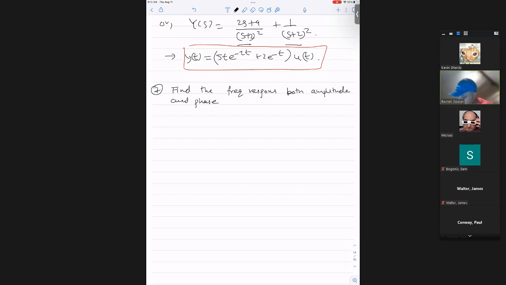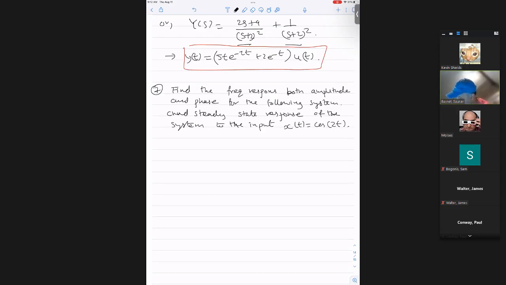And for the following system, and a steady state response of the system to the input x(t) equals cos 2t.